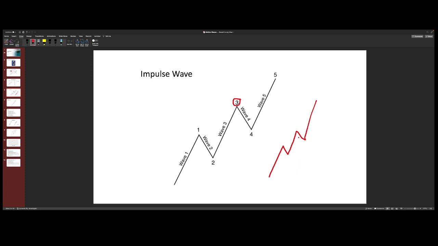There are a few more rules here in the 5-wave pattern. Wave 1, this guy right here, always subdivides into an impulse, or in rare occasions, a diagonal. In rare occasions, we'll see this.